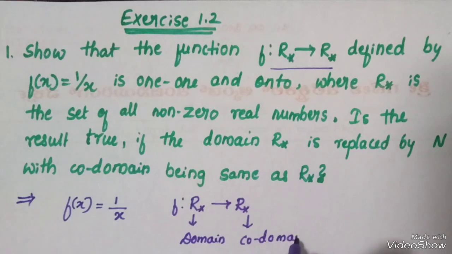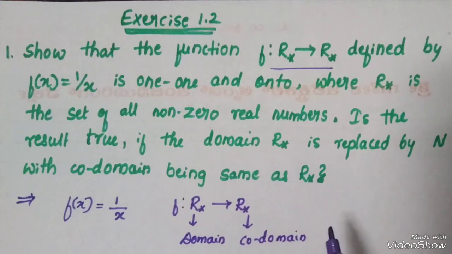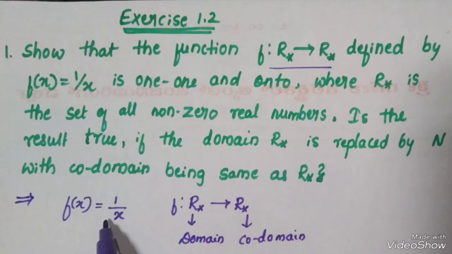Here all the values are other than 0, whatever values are taken in the domain as well as the codomain. Because when we put 0 in this place, 1 by 0 becomes infinity and the function is not defined. That's why we have to substitute values other than 0. Now the codomain and domain are real numbers.